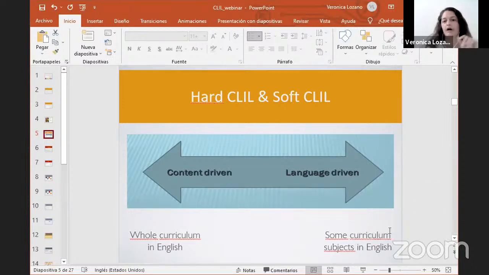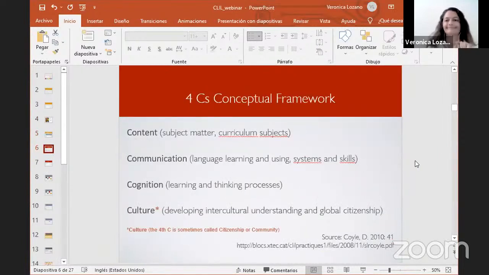That would be only some curriculum subjects in English as opposed to hard CLIL, which means your whole curriculum in English. For example, there are some universities that teach all of their subjects in English by the end of the program. Okay, so moving on.